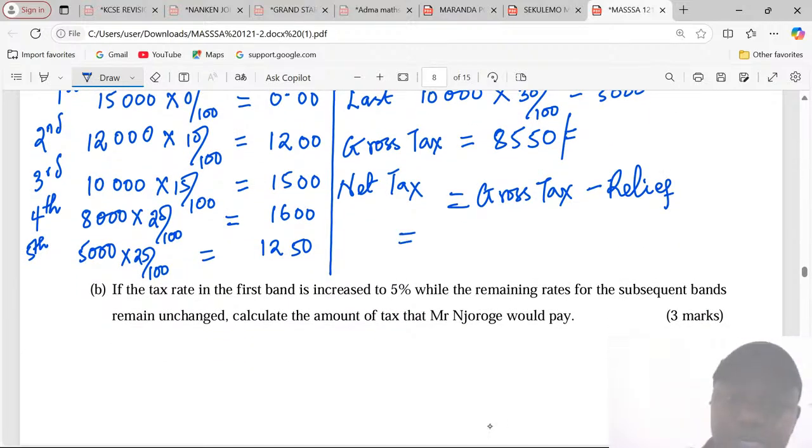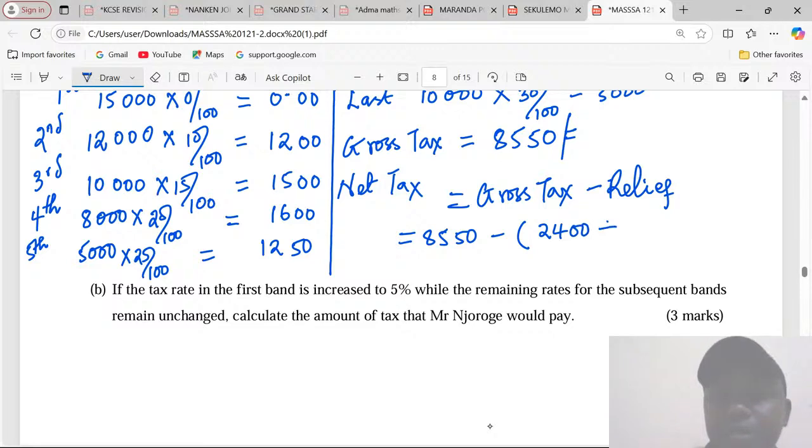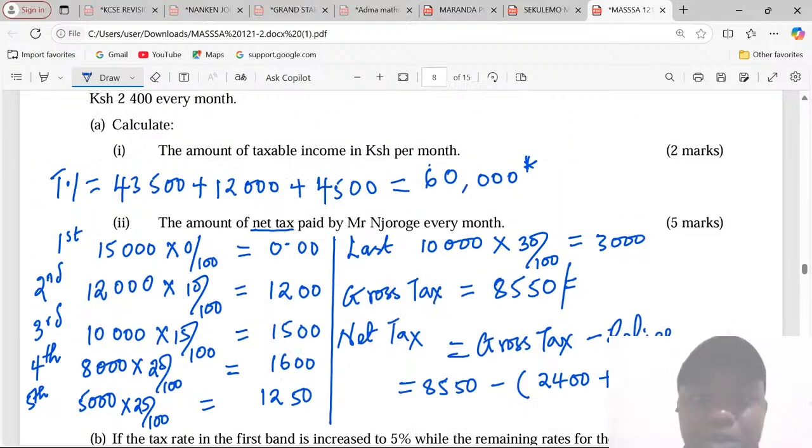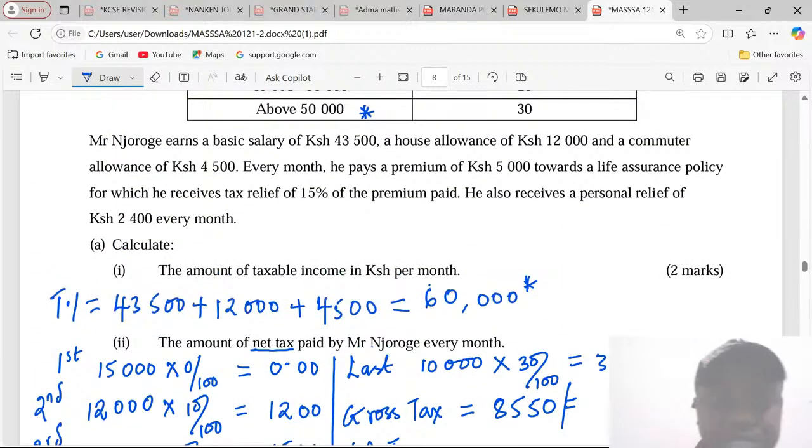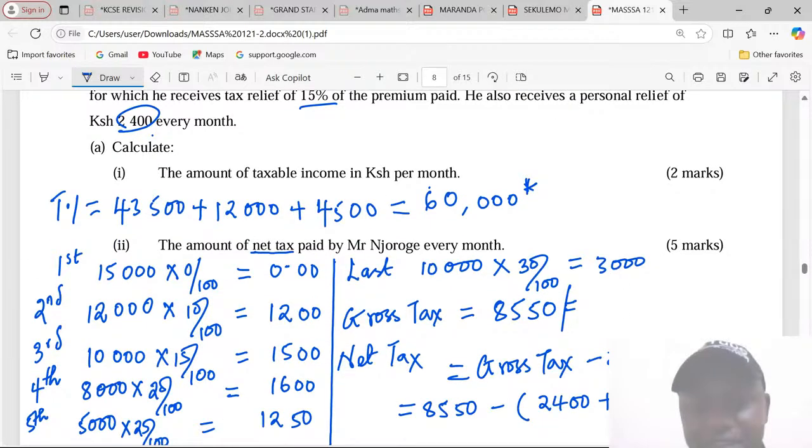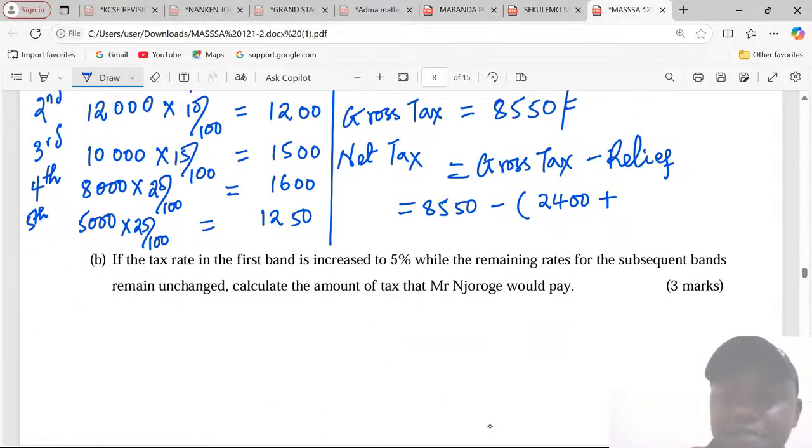So it will be 8,550 minus personal relief 2,400 and also relief from premiums. Personal relief 2,400 and a tax relief of 15% of the premiums paid. What is the premiums paid? 5,000. So 15% of 5,000.